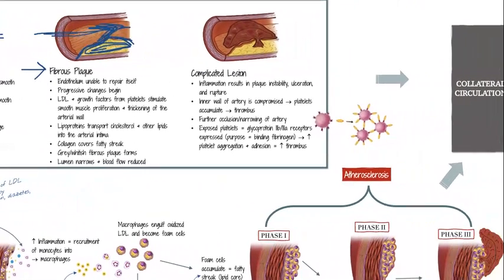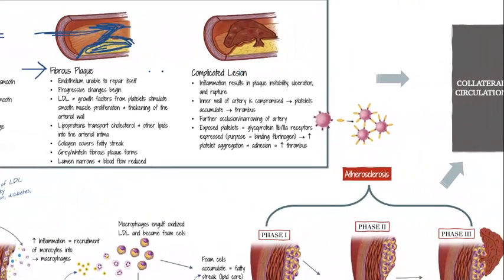Our very last stage here is by far the most dangerous, the complicated lesion. When you get to this fibrous plaque area, it can stay like this for quite some time, but oftentimes it will rupture, or you will have a thrombus.